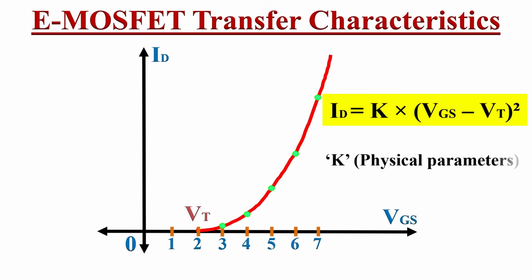Here K is the device constant. It depends on the physical parameters of the device. So by using this expression, we can find the value of drain current for different values of VGS. This is all about the N-channel enhancement type MOSFET.